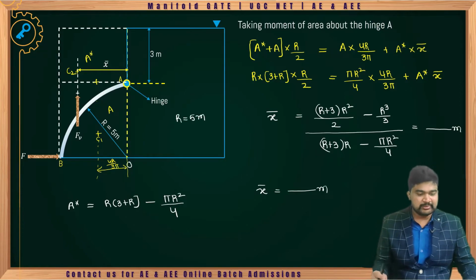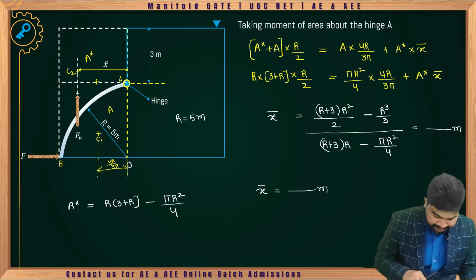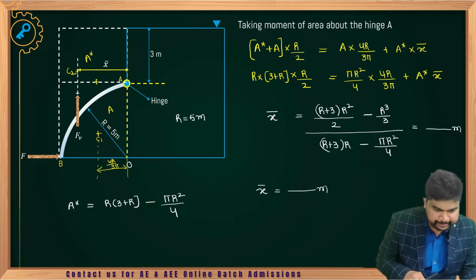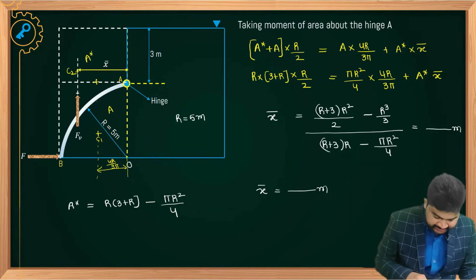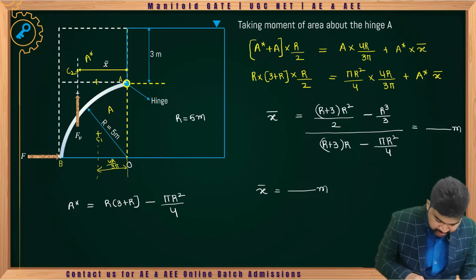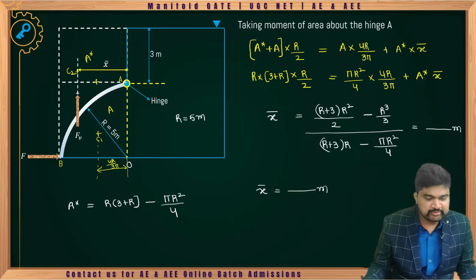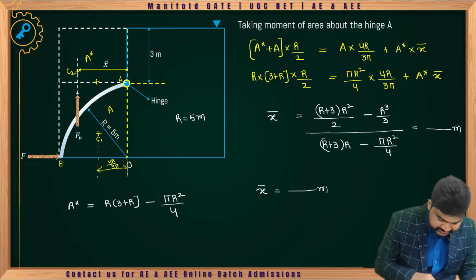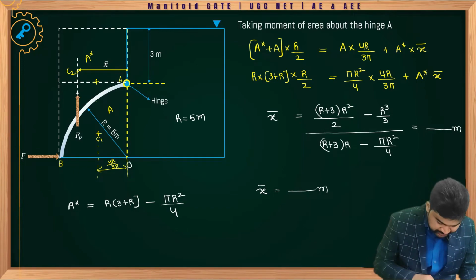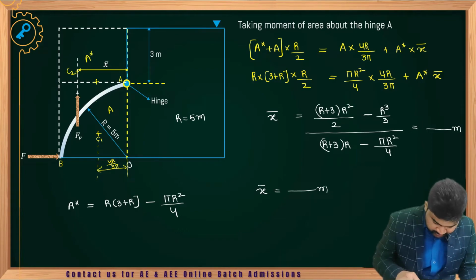Just substitute and tell me. 5 plus 3 is 8, into r square 25 by 2, that is 100, minus 5 cube by 3.